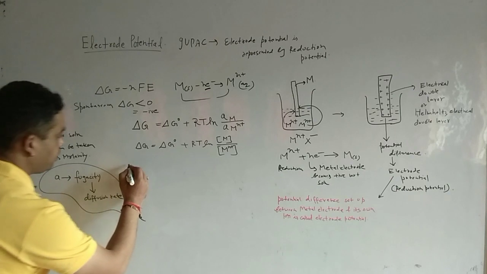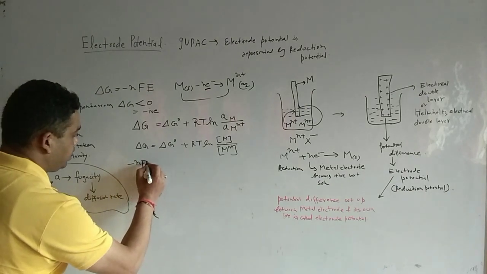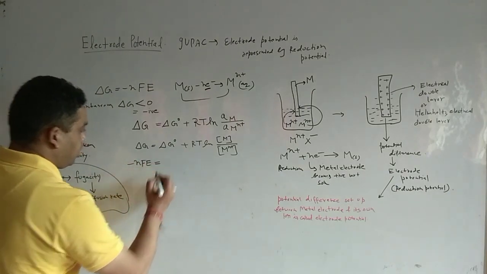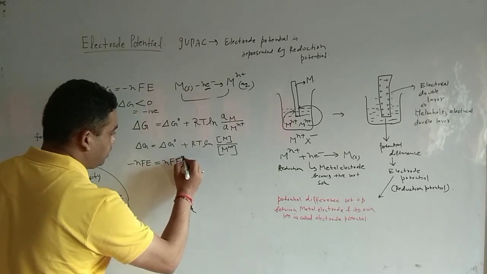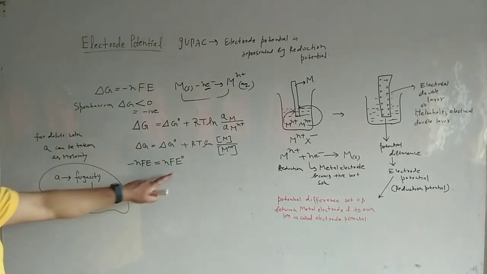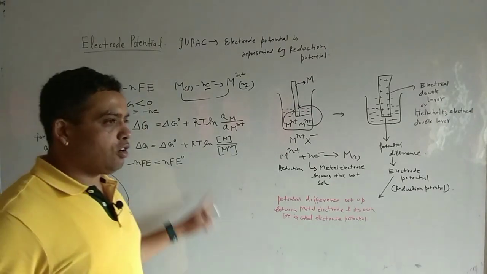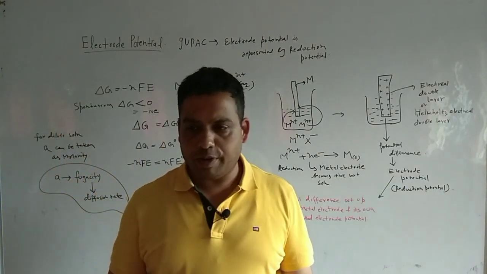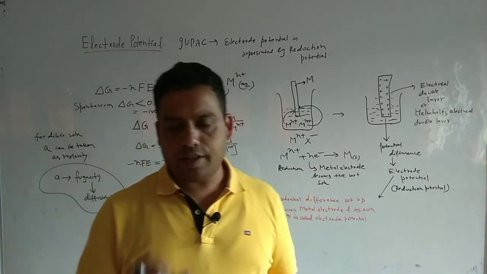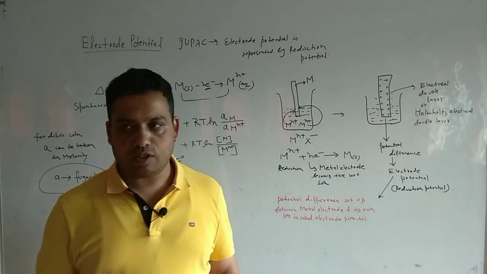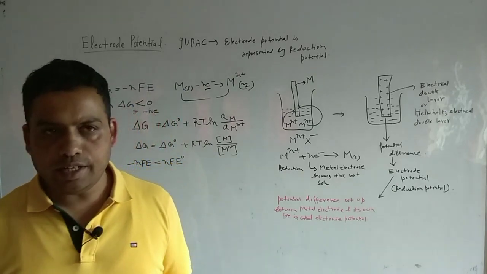So I can write negative nFE here, and here again negative nFE standard. Don't confuse the standard term. Standard means all the measurements and experiments were done in standard conditions. In standard conditions, you know the lab temperature is 25 degrees centigrade.